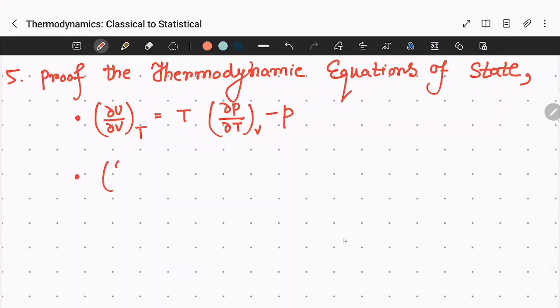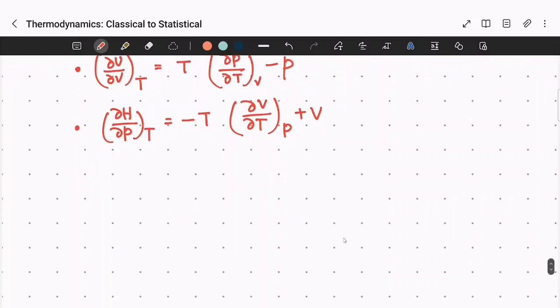And the second one is del H del P at constant T equals minus T into del V del T at constant P plus V. So these are the thermodynamic equations of state, and we have to prove them. This is also very important.